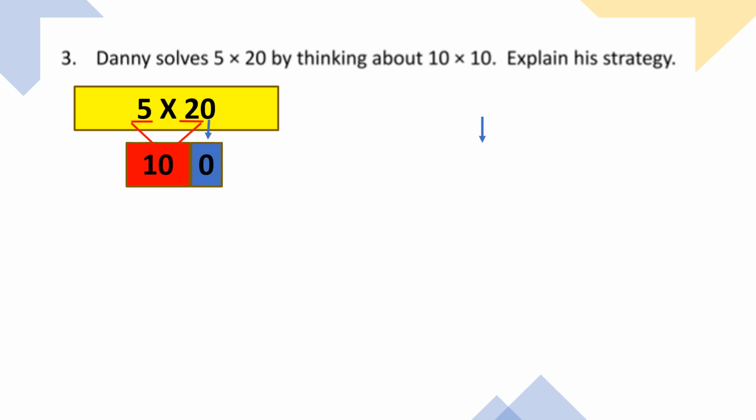Now, Danny solved it by thinking about 10 times 10. Well, why would he do that? Let's figure it out by solving 10 times 10, shall we? All right, we have 10 times 10. Let's use the same trick we've been using the entirety of our homework and underline the first number in the equation, the whole number 10.